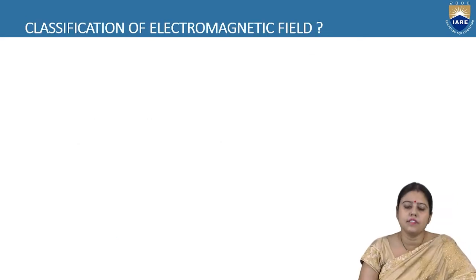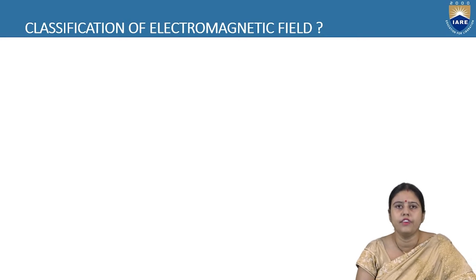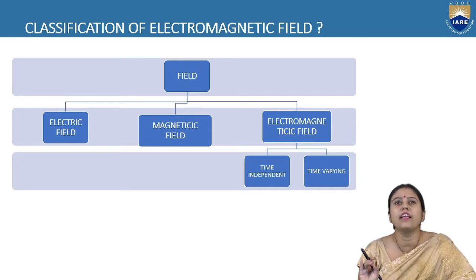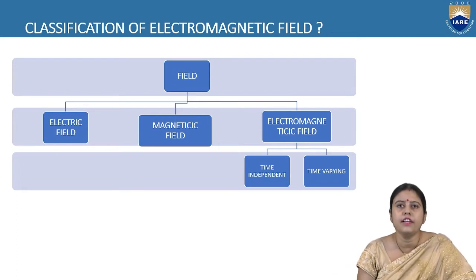Now we will discuss the classification of electromagnetic field. Our subject name is electromagnetic field, so first we will discuss the different types of electromagnetic field. In electrical and electronics engineering, we can broadly divide it into three parts. The first part is the electric field.